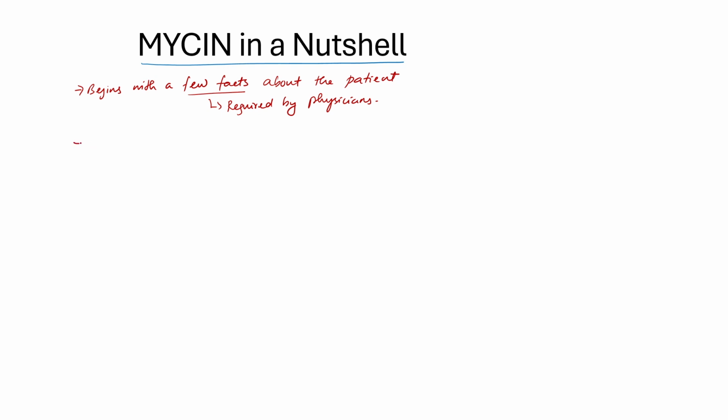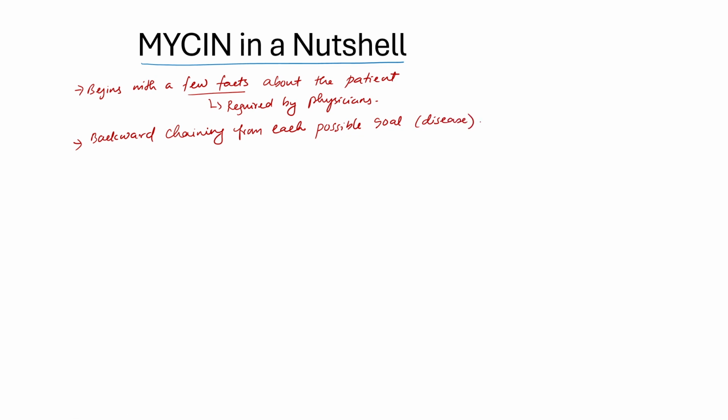Then, if you read it, you will understand that it used backward chaining from each possible goal or disease.